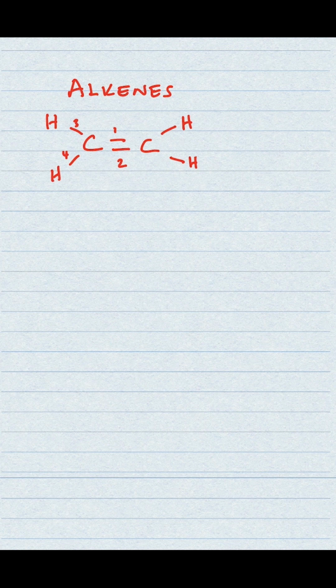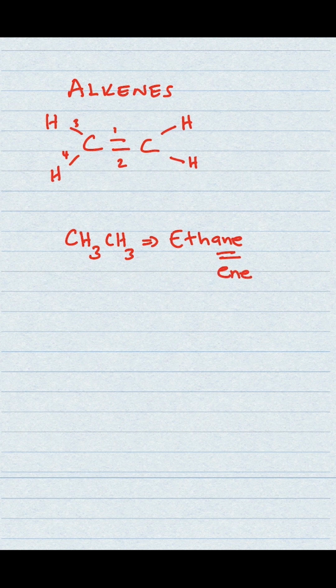And because it has 2 carbons, an alkane with 2 carbons is called ethane. For an alkene, you drop the ane and change that to ene.